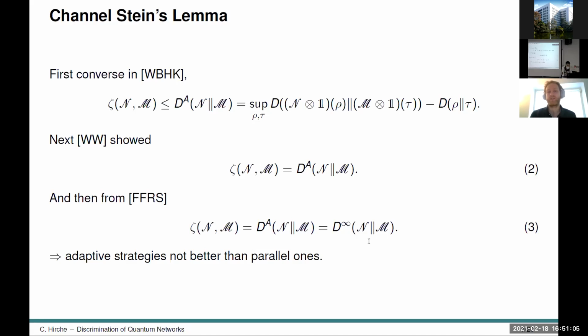So simply preparing a joint input state and a joint measurement turns out to be the most powerful thing you can do in quantum channel discrimination, although you have all these adaptive strategies as a possibility.